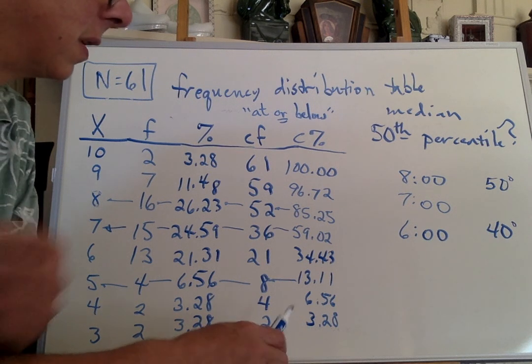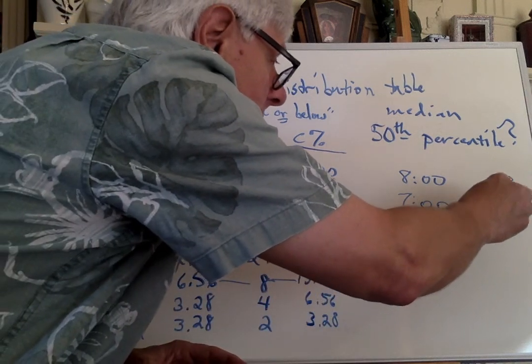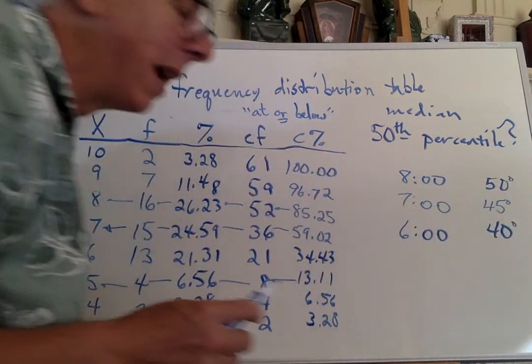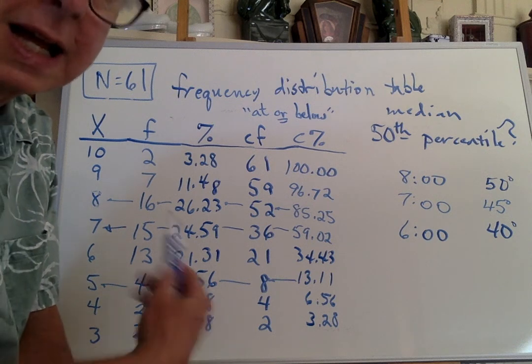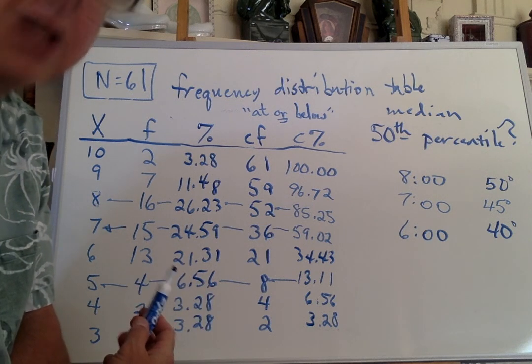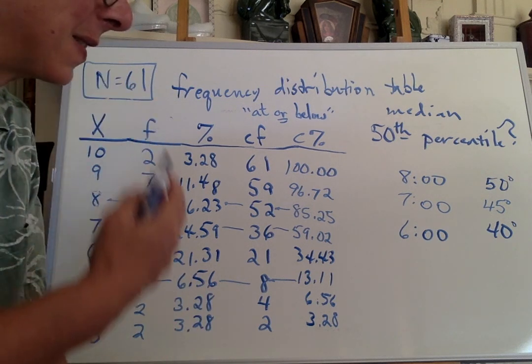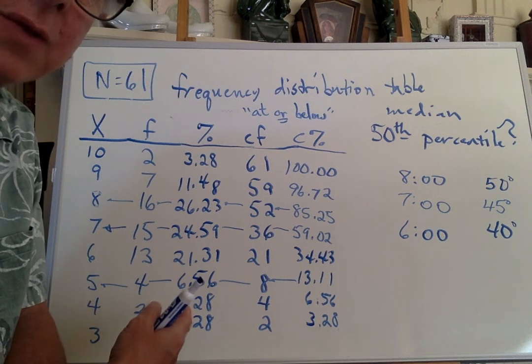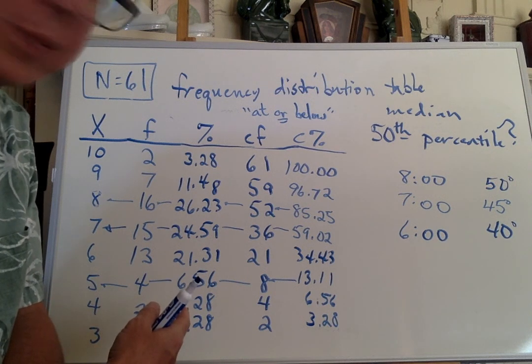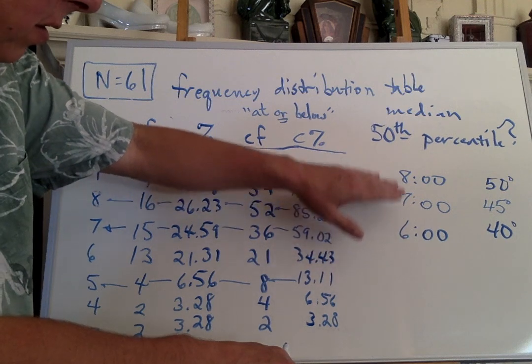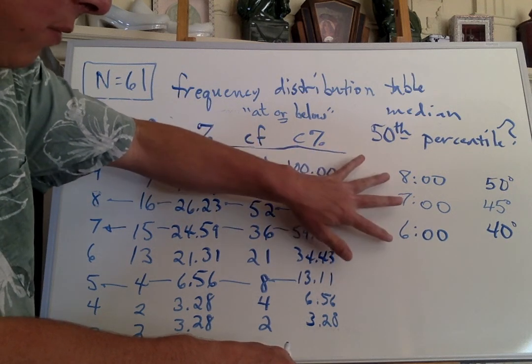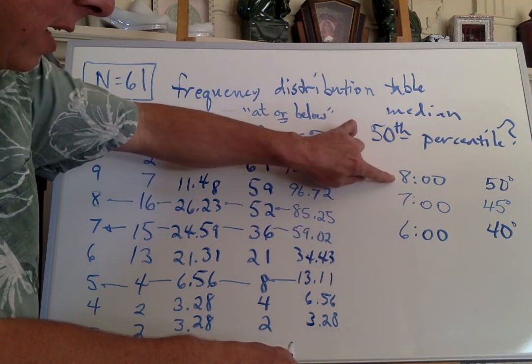Most of you, I think, would make a guess that the temperature was 45. And in fact, that's what I would guess. Why would we guess 45? Well, because we're halfway in between 6 o'clock and 8 o'clock.